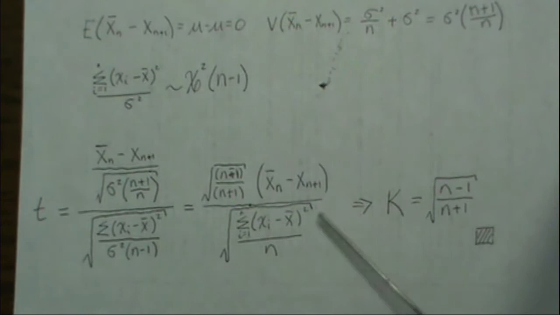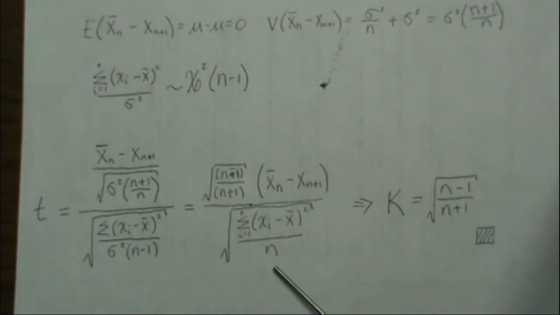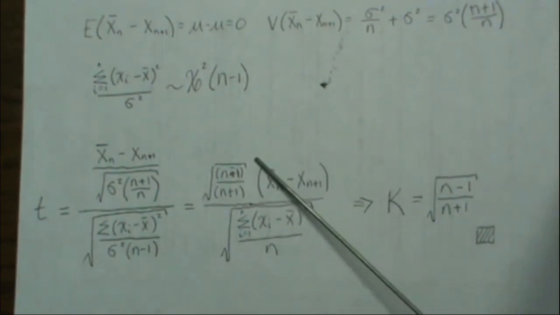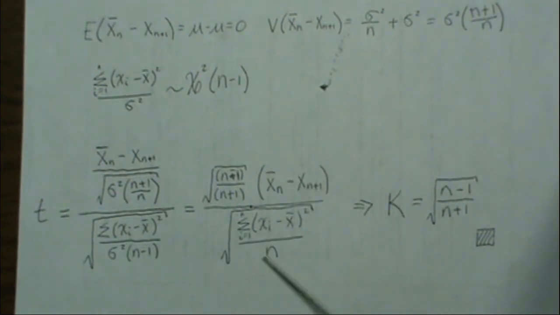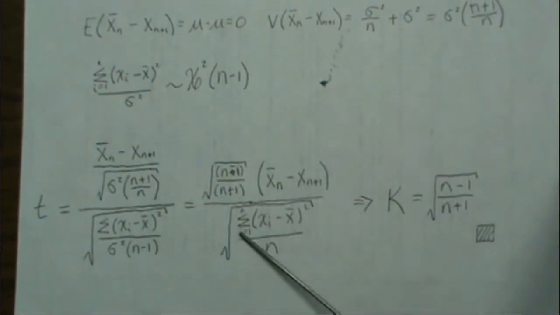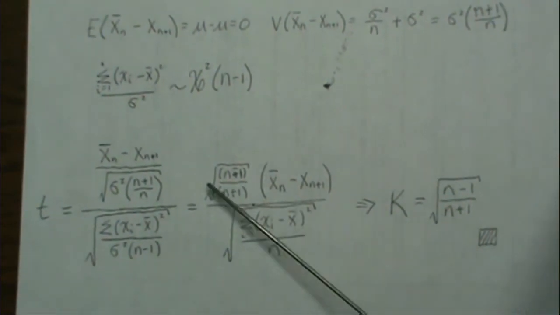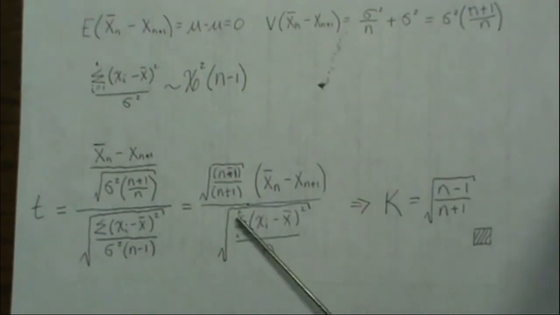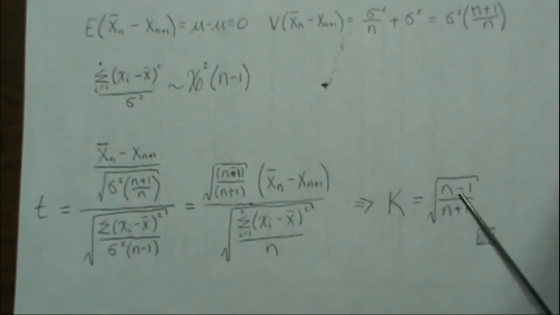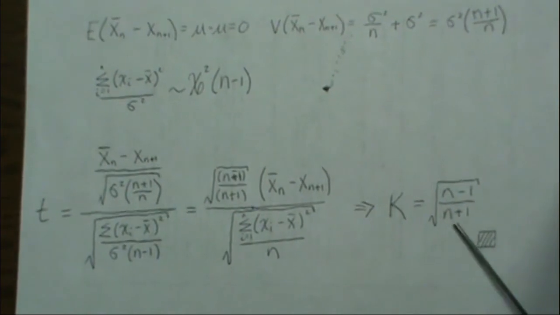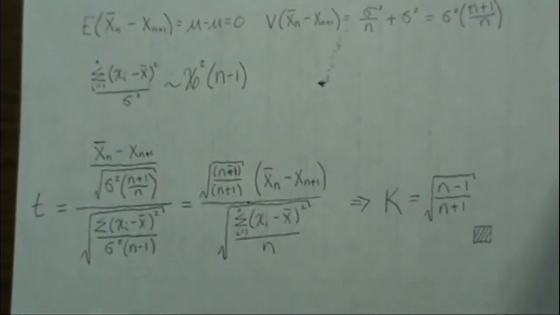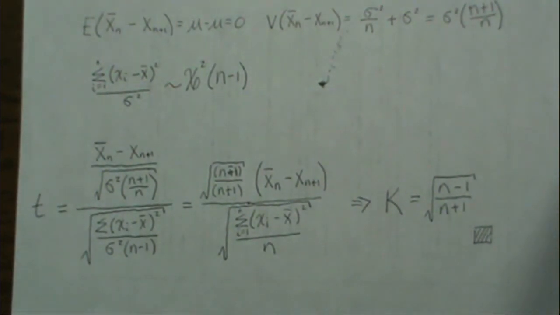Well, this simplifies to this expression, which this piece here is what they provide, and so this must be the constant. So k must equal n minus 1 over n plus 1 raised to the 1/2 power, or the square root of that.